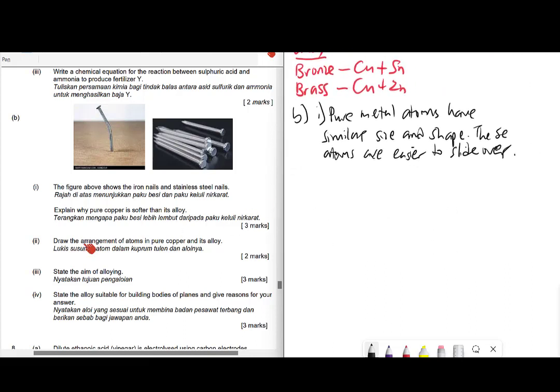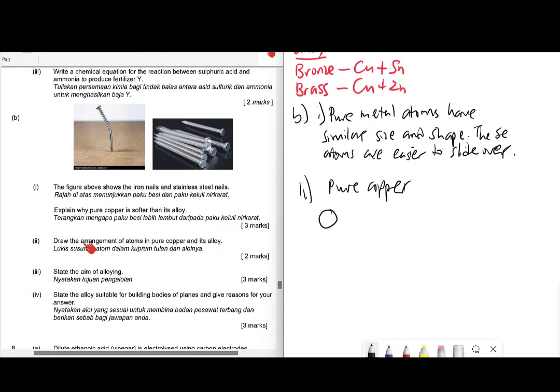Okay, part 2, we are going to draw now. Draw the arrangement of atoms in pure copper and its alloy. So we're going to draw a comparison here, because first you have to draw pure copper. This is a picture for the pure copper. So how are you going to draw it? Make sure you draw the atoms of copper the same size and the same shape.